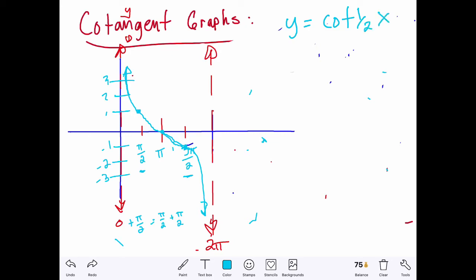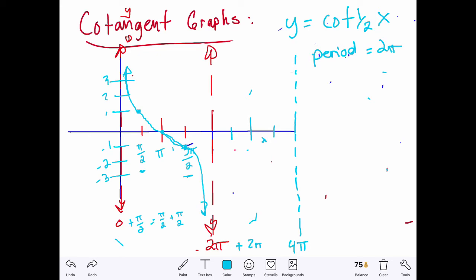Okay, and that was our original function. So our period is 2 pi. Let's add that to 2 pi here, and let's divide it into 4 equal sections. So I'd be 2 pi plus 2 pi, which is here at 4 pi.